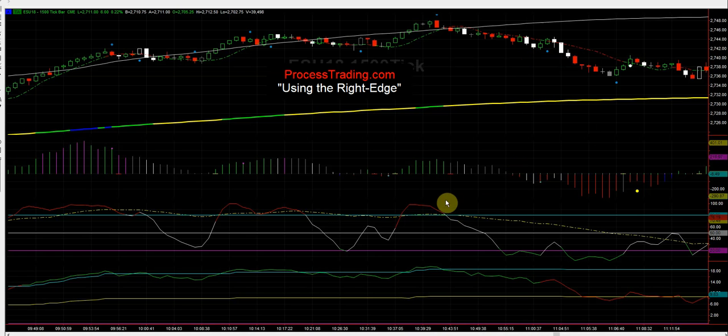Clear back over here, we see that momentum is cutting down through the oscillator and heading towards the lower bound, as well as the angle of the trading community, or the sentiment, now has come down through the upper bound and angled down towards the bottom. And we know the nature of price and of the sentiment oscillator is to go from highs to lows to highs to lows in repeating cycles.